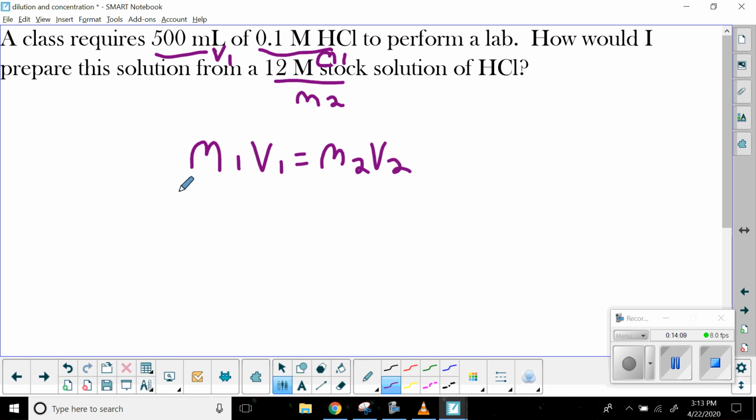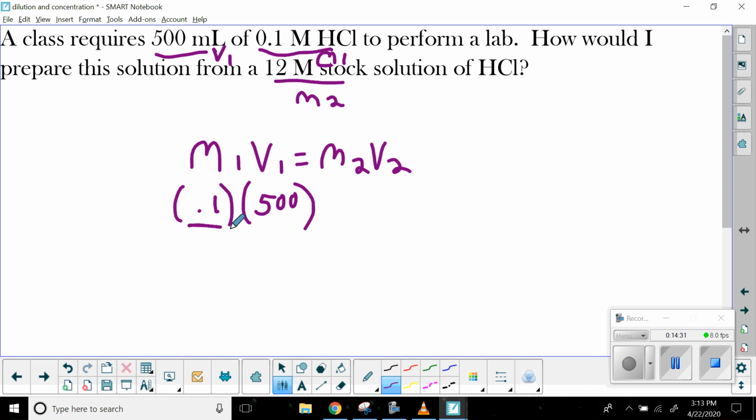And I'm not going to need to change the units here to liters because I'm looking for a volume and I might as well leave it in milliliters. So I'm going to have 0.1 mole per liter of the HCl. I'm going to have 500 milliliters here.